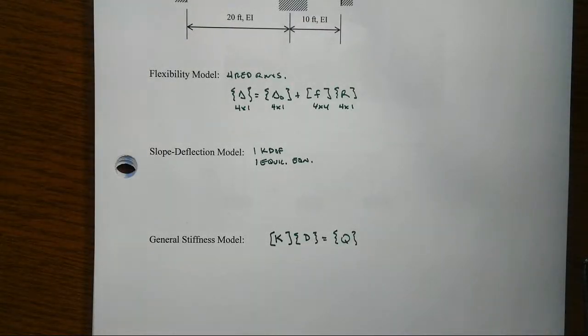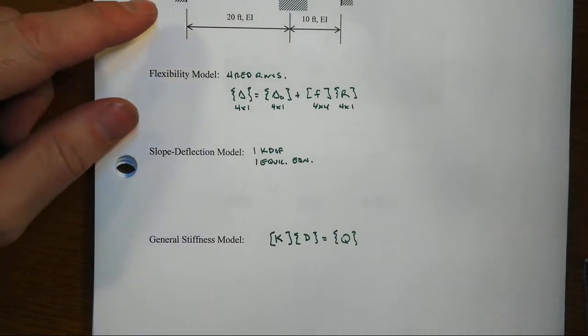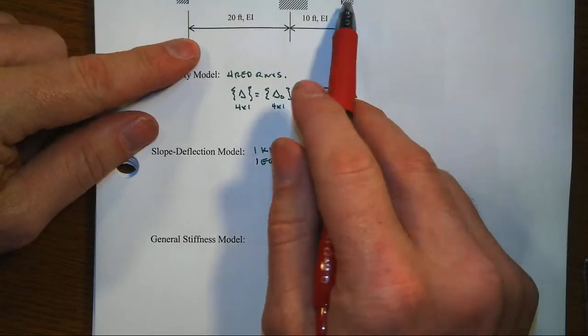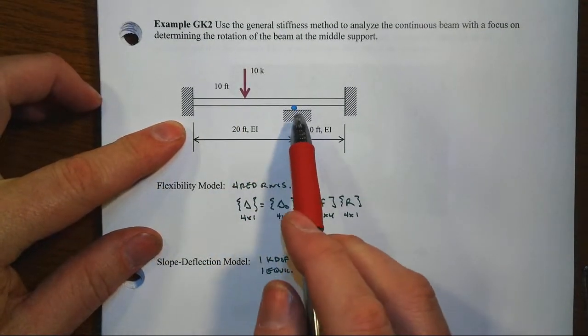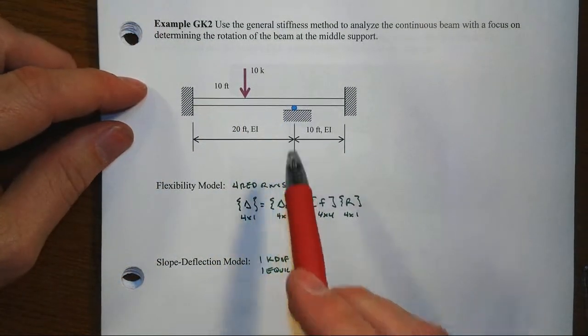So for a very simple kind of example of what this general stiffness method is all about, let's take a look at a two-span beam that has just a point load in it, and we've got this roller support in the middle.